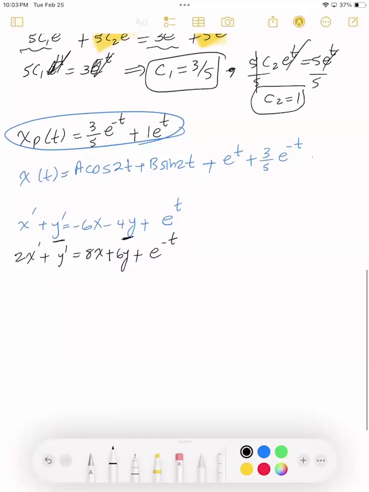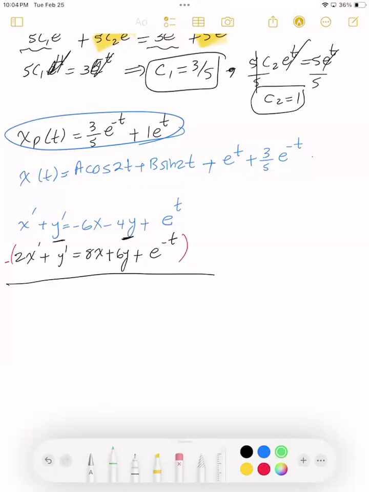That's what we have. So what I want to do right now is eliminate y prime, and then I want to isolate y. So let's add the two equations, or rather subtract the two equations. So subtract. This way y prime gets eliminated.